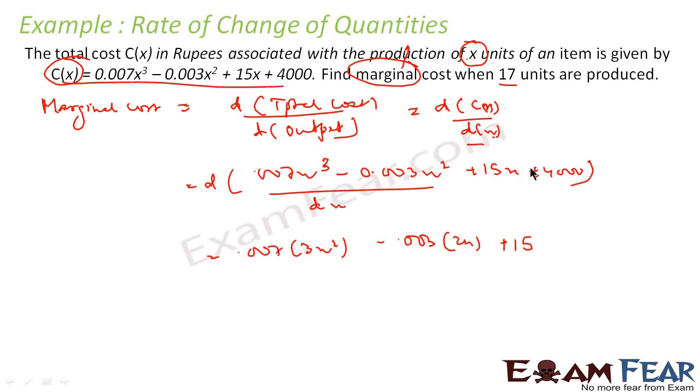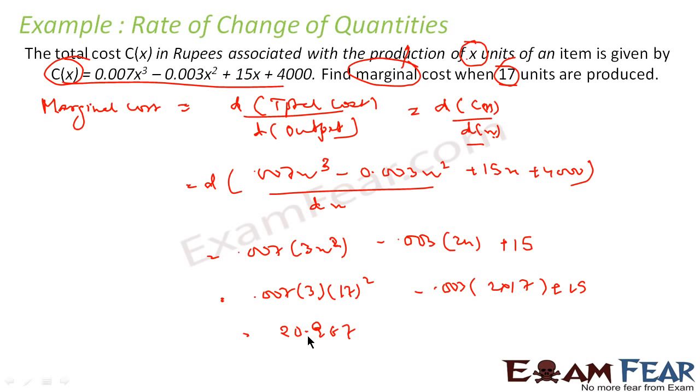Now put x as 17, so this becomes 0.007 into 3 into 17 square minus 0.003 into 2 into 17 plus 15. If you solve this, you get something like 20.967.